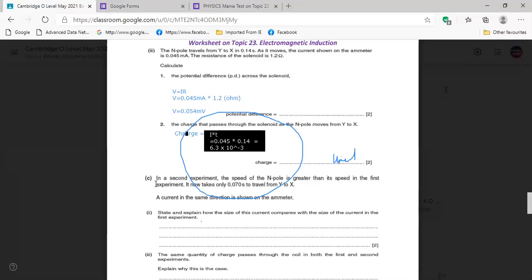If you see what you did, 0.045 multiplied by 0.14, then it will be millicoulomb. Ampere into time is equal to coulomb.